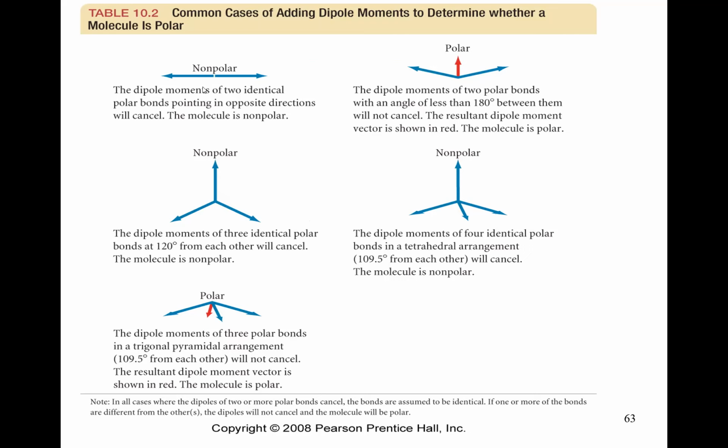All right, so the top up here is CO2, right? Carbon's in the middle, 180. So it's linear, and the vectors are identical and cancel each other. The one on the right then is water, where less than 180 leaves it generic.